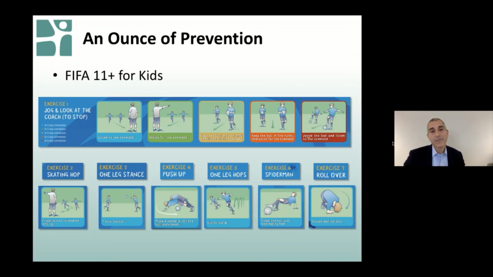And you perform several repetitions of these exercises under the supervision of your coach and advance through the progression of experience over time. It takes about 15 minutes to perform, and it can be incorporated as part of a warm-up or as a dedicated set of exercises to be done 2 to 3 times per week. And again, it has been shown to significantly reduce the incidence of ACL tears among young soccer players in particular.